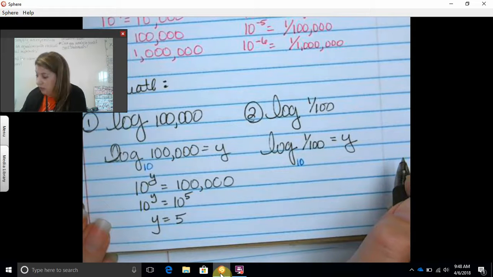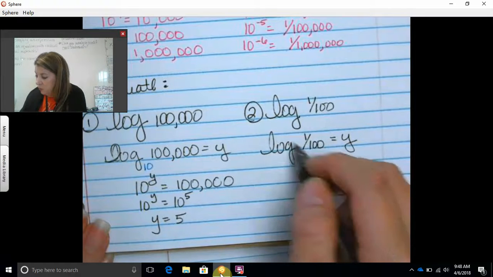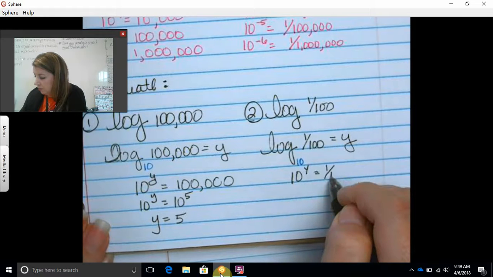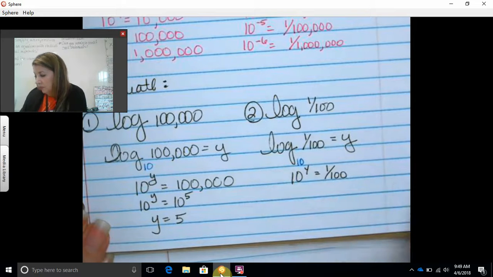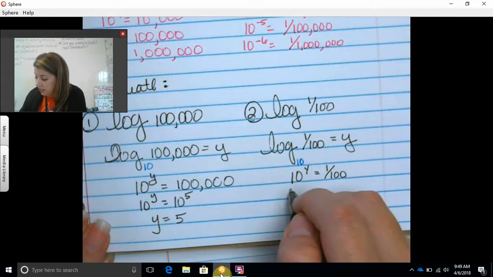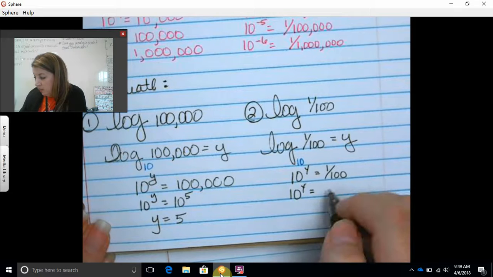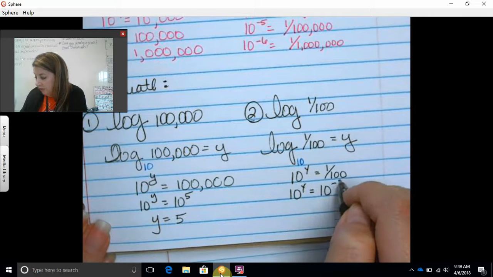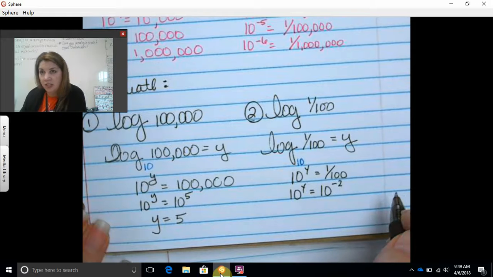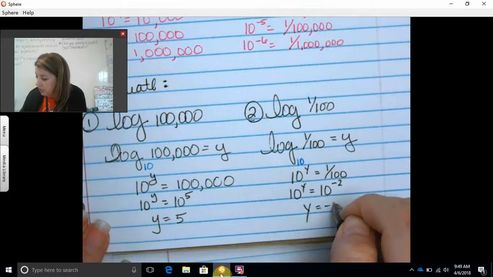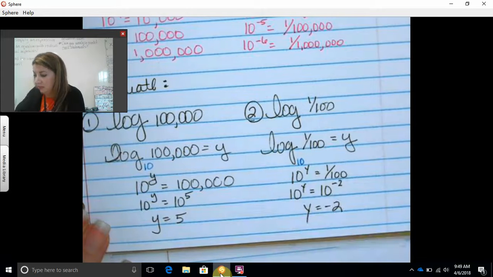Write it as an exponential equation. 10 raised to the y equals 1/100th. I can write both of those as a base of 10. 10 to the y already has a base of 10. 1/100th would be 10 raised to the -2. See how convenient it is we have that little reminder up there in the pink? And so if my bases are equal, then my exponents must be equal. So that lets us know that y equals -2.